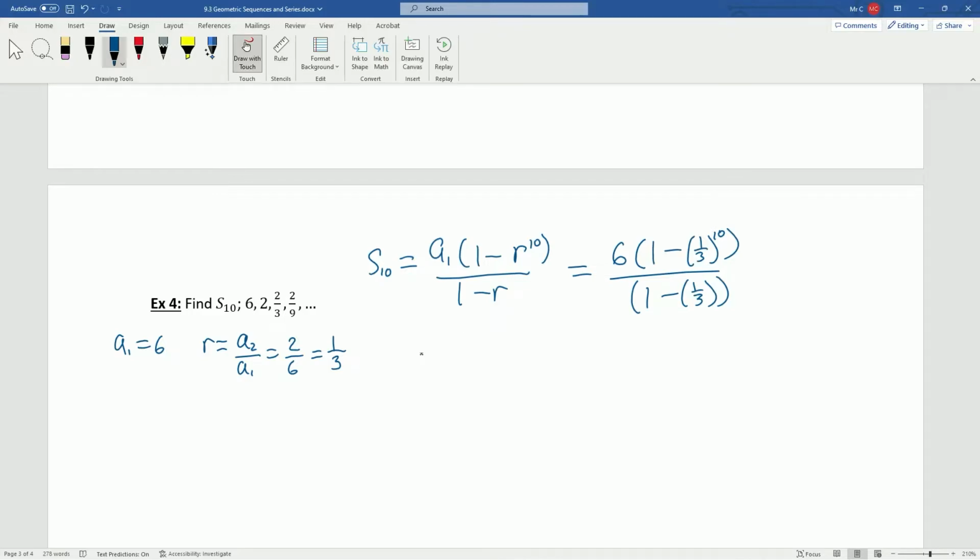So I'll demonstrate what I mean here. This becomes 6 times 1 minus, and 1/3 to the 10th is 1 over 3 to the 10th power, because 1 to the 10th power is just 1. And 1 minus 1/3 is 2/3. And so when I divide by 2/3, that's the same thing as multiplying by the reciprocal.